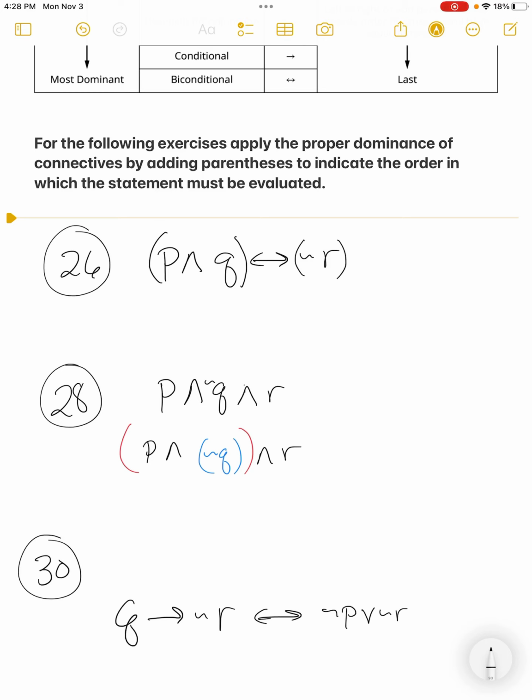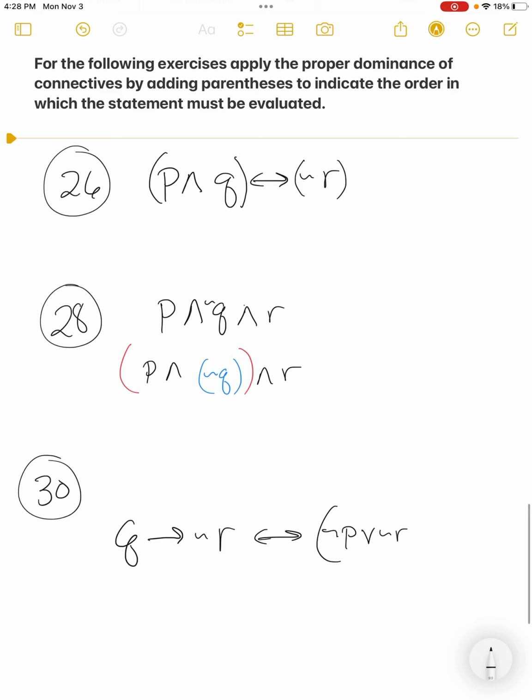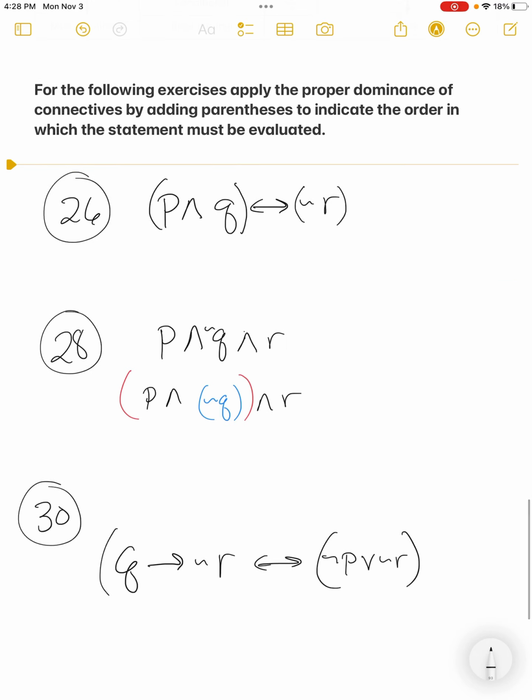What would be next? My choices are an arrow, if then, a double arrow, if and only if, or an or sign. And according to this, the or sign would be done next. So it looks like this. Then it would be the conditional, so this would be the next thing to do. And then it would be the whole thing.